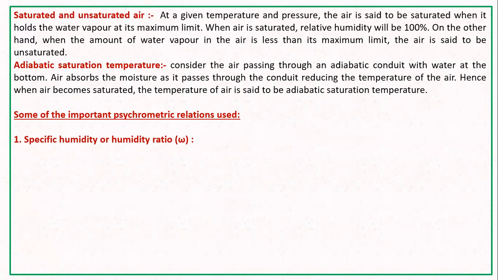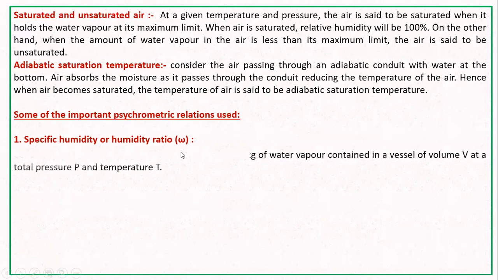One is the specific humidity ratio, as we have already seen. Now we'll obtain some expressions using this. Consider an amount of moist air. Let the air have MA kg of dry air and MV kg of water vapor.